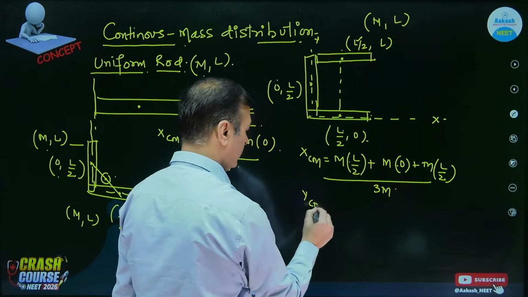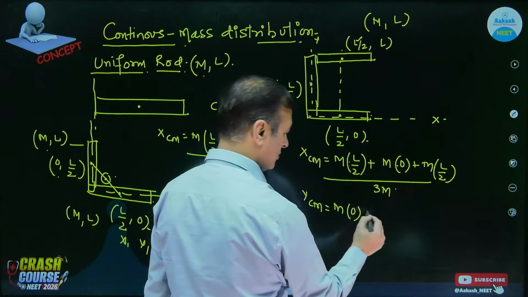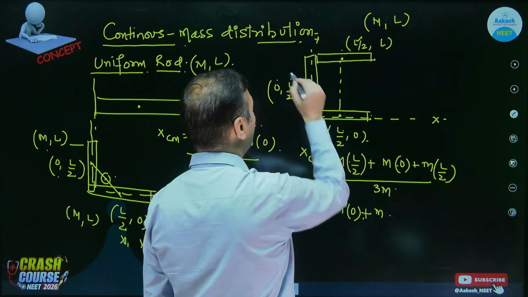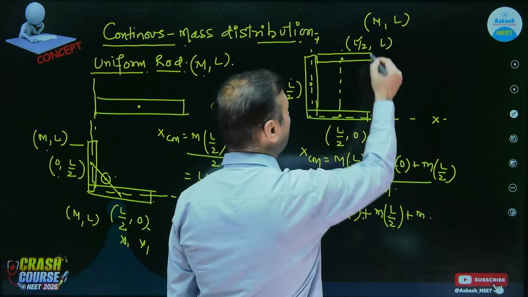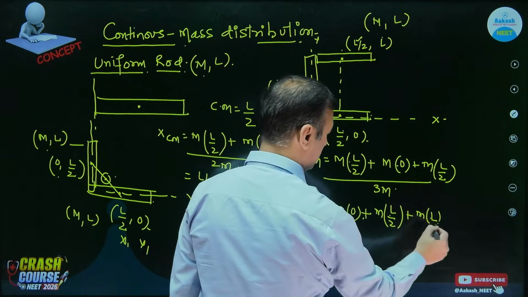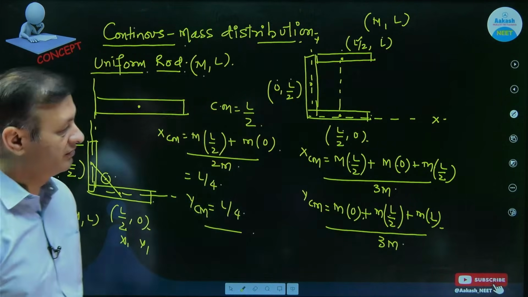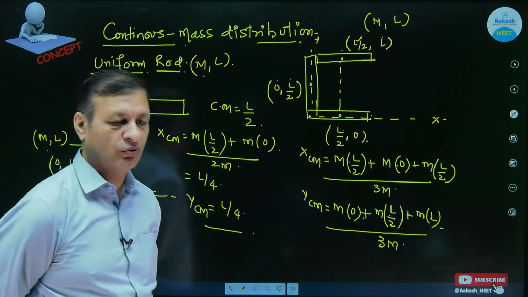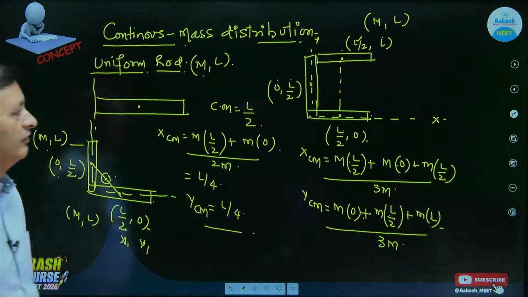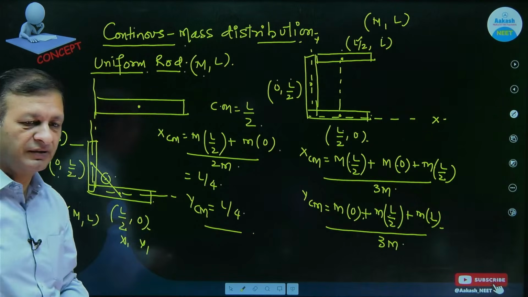Similarly, for the y coordinate, it's m1 y1 plus m2 y2 plus m3 y3 whole divided by the total mass, that is 3m. So this is how you will be attempting for the continuous mass distribution of 3 rods arranged like this. Any doubt from this part?